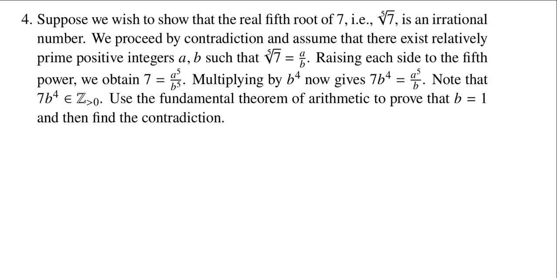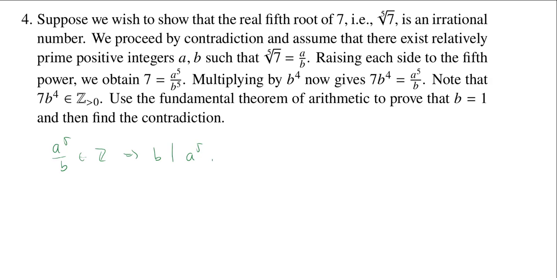We also know that if I take a to the fifth divided by b, I get an integer. How can that happen? When you have a fraction and it equals an integer, that can only happen if the denominator divides the numerator. So a to the fifth over b is an integer implies that b divides a to the fifth.